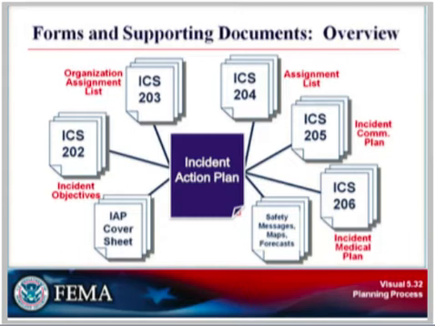The cover sheet may also serve as a checklist to indicate which forms and supporting documents are enclosed as part of that IAP. The job aid starting on page 5.41 of the instructor guide summarizes the purposes of the ICS forms and supporting documents to include the IAP cover sheet, the ICS 202 or incident objectives, the ICS 203 organizational assignment list, ICS 204 assignment list, the ICS 205 incident communications plan, the ICS 206 incident medical plan, and the safety messages, maps, and forecasts, which are not ICS forms.